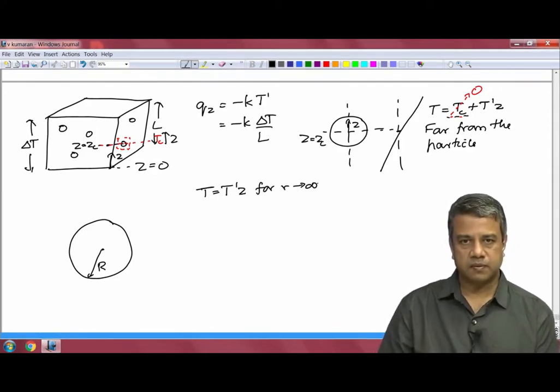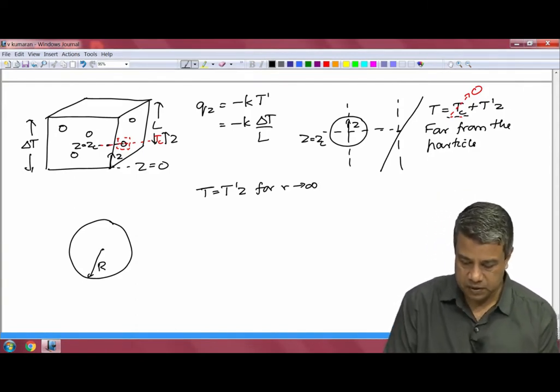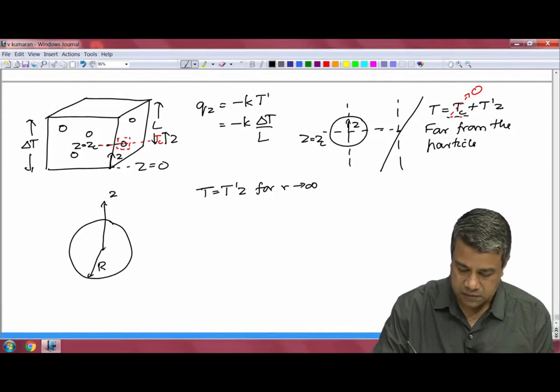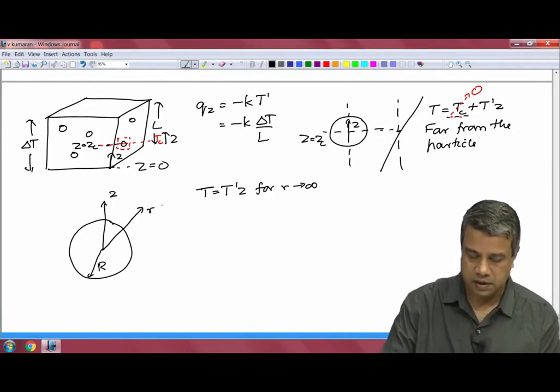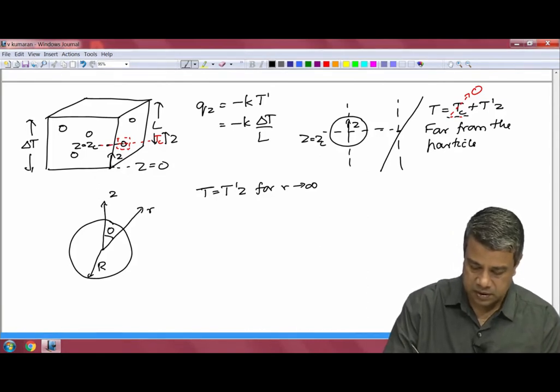Very far from the particle, you have a linear temperature field. Note that this is the Z coordinate. In a spherical coordinate system, this is the radial coordinate r. And the angle between these two is theta.